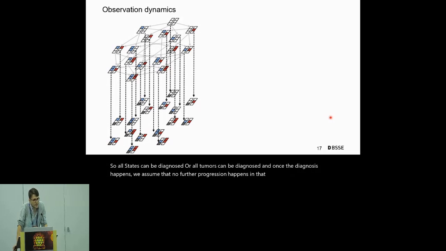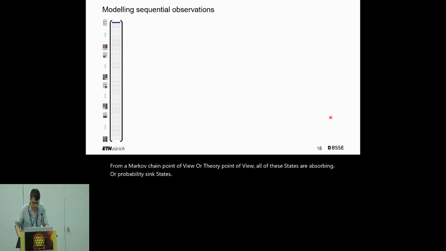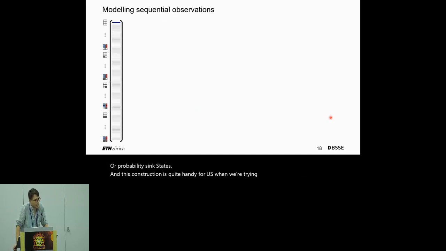You can think of this as the tumor being biopsied and the biopsy being physically frozen away. There's nothing happening in that anymore. From a Markov chain theory point of view, all of these states are absorbing, or probability sink states. And this construction is quite handy for us when we're trying to come up with probability distributions over that space.